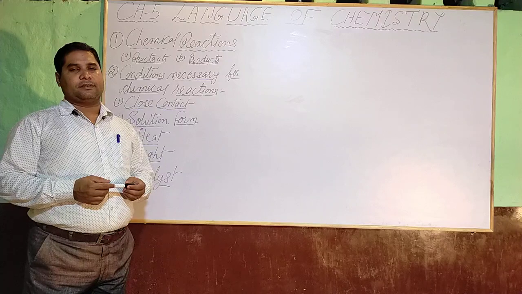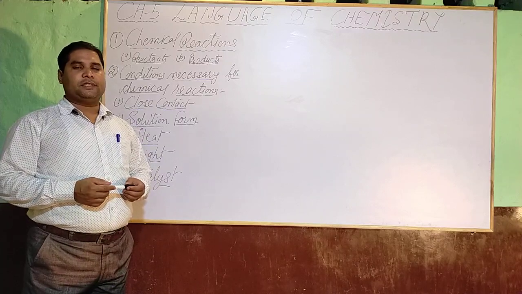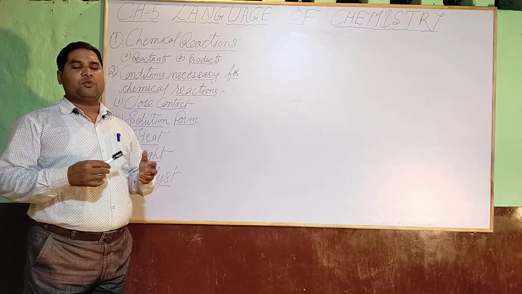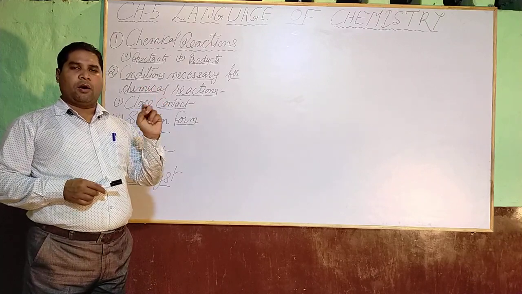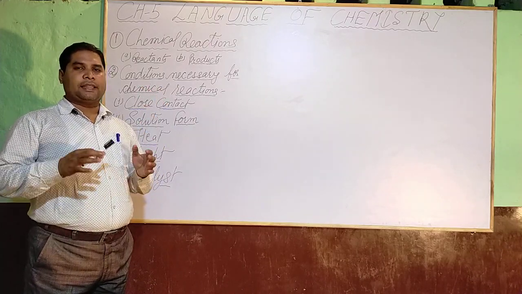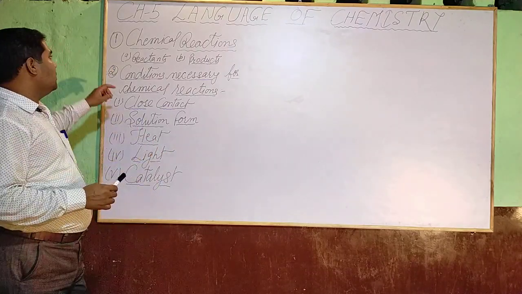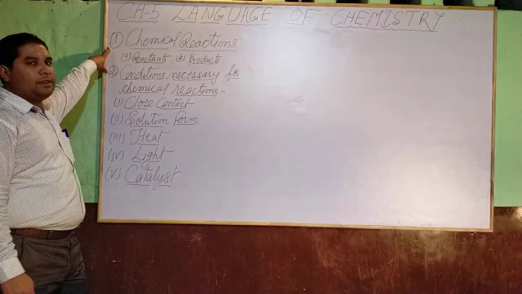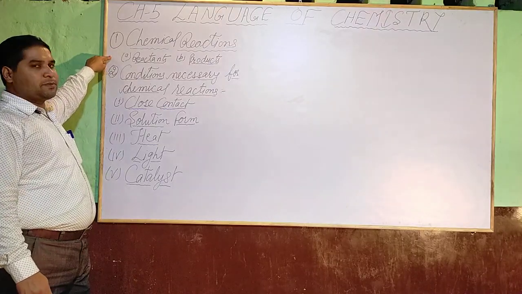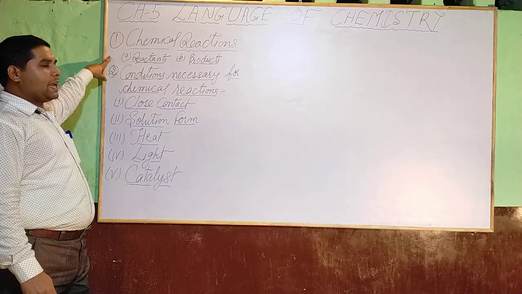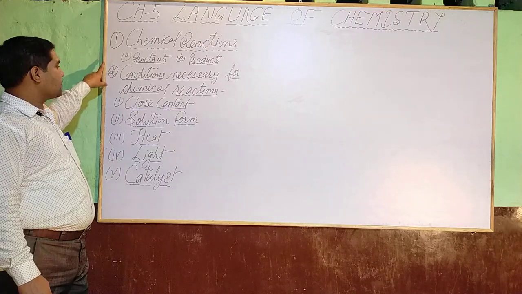Language of chemistry. Dear student, in this video I am going to explain two main topics of Chapter 5. The first topic is chemical reactions, in which I will also explain reactant and product.